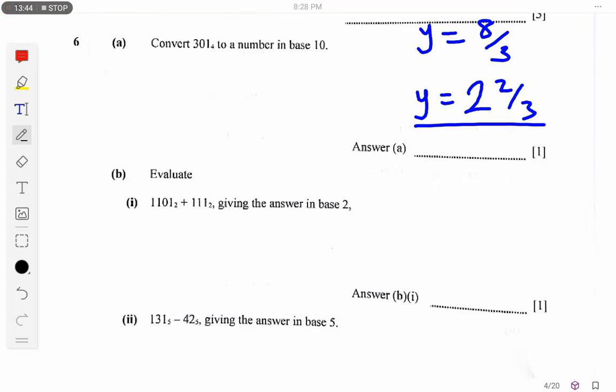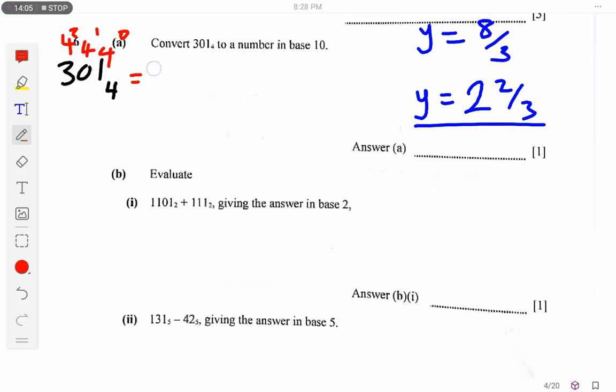We want to convert 301 base 4 to base 10. So when we are converting here, basically we do this. We say 4 to the power of 0, 4 to the power of 1, 4 to the power of 2.